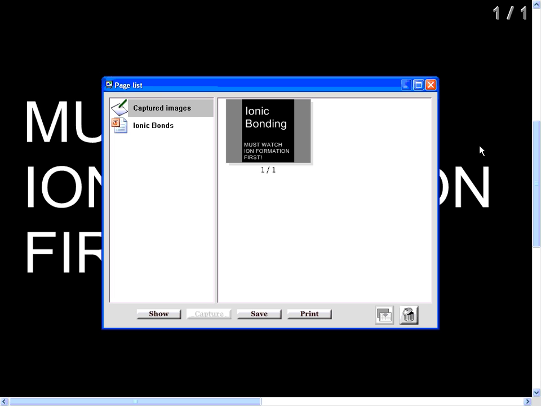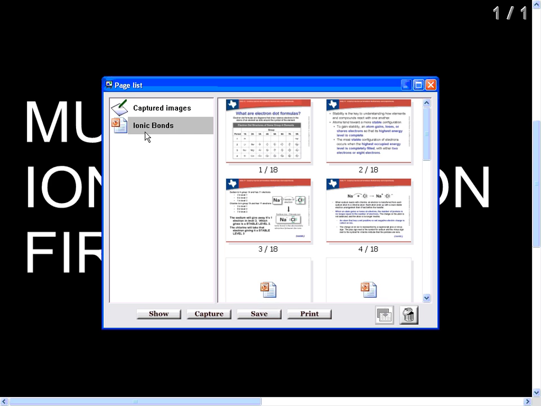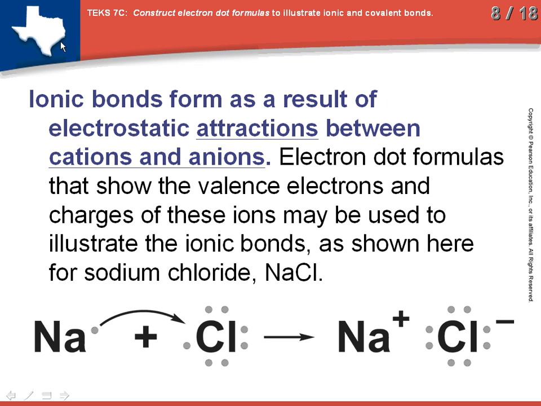What the heck is an ionic bond? An ionic bond is the result of an electrostatic attraction between cations and anions. You have to remember back to the octet rule: every atom wants 8 valence electrons.